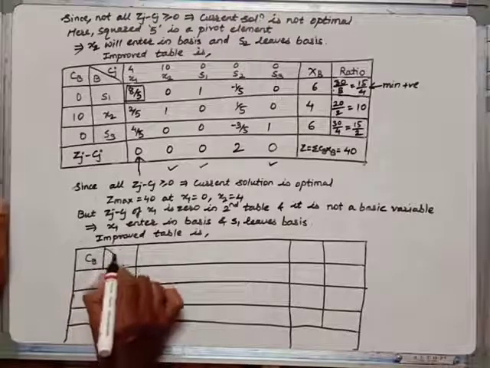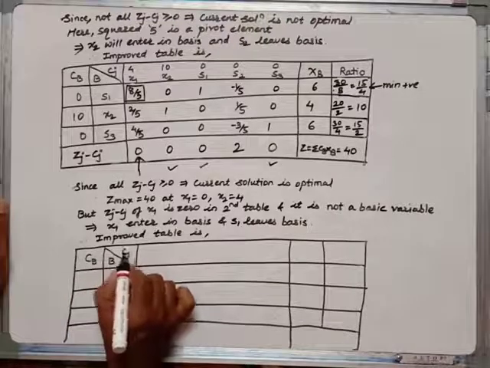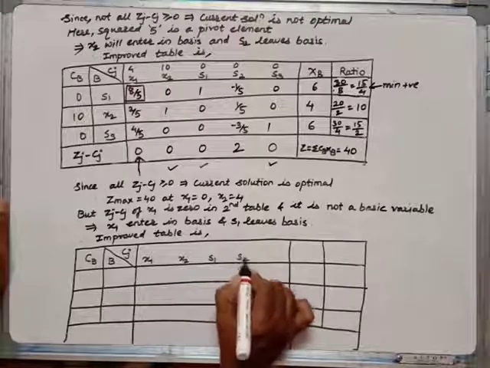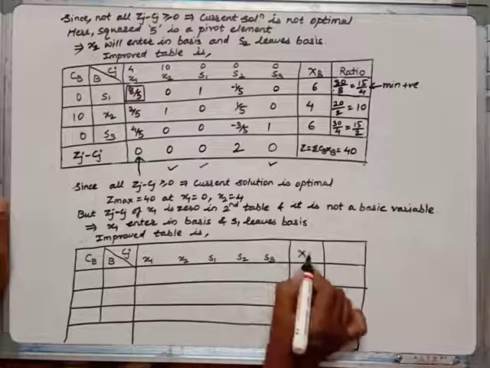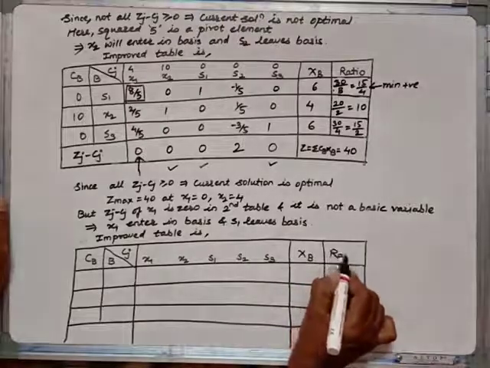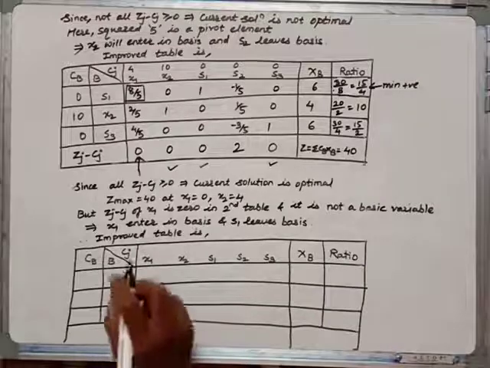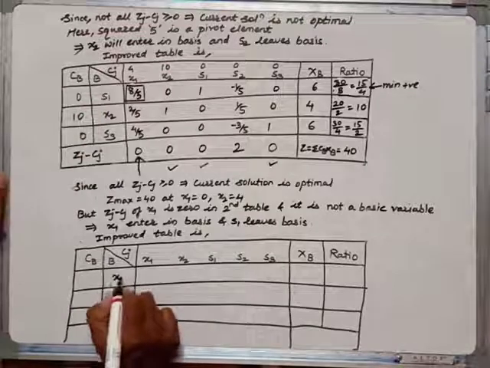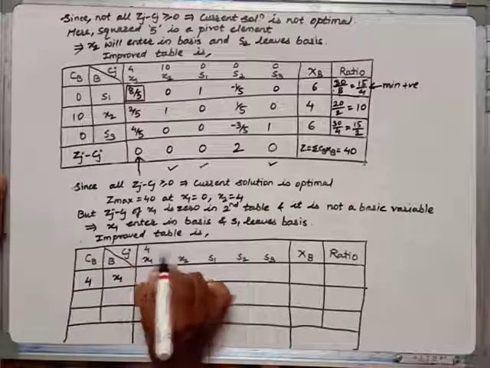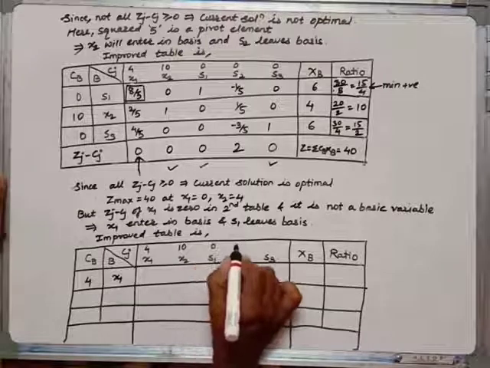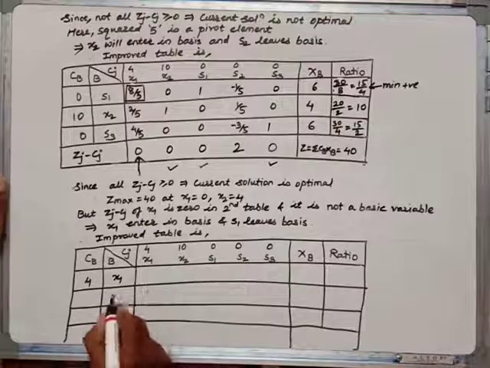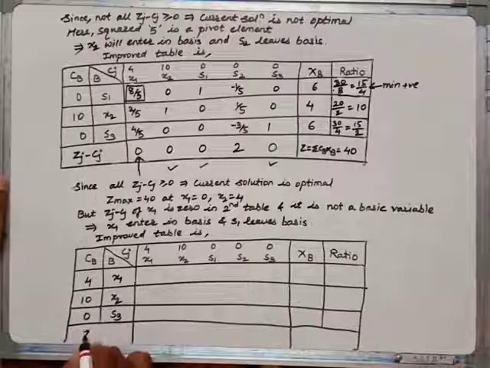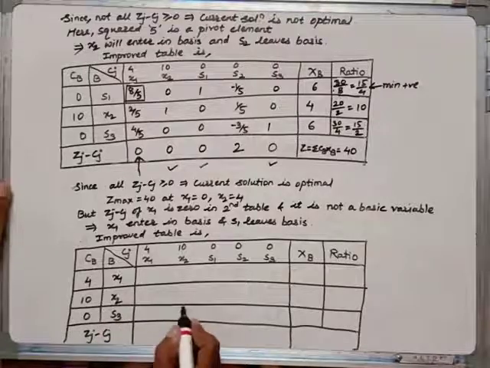CB, B, Cj, X1, X2, S1, S2, S3, XB, ratio. Now here S1 is replaced by X1 having the coefficient 4. Here also let me write the coefficients 4, 10, 0, 0, 0. Here X2 is having the coefficient 10, S3 is having coefficient 0. We will determine Zj minus Cj later on.